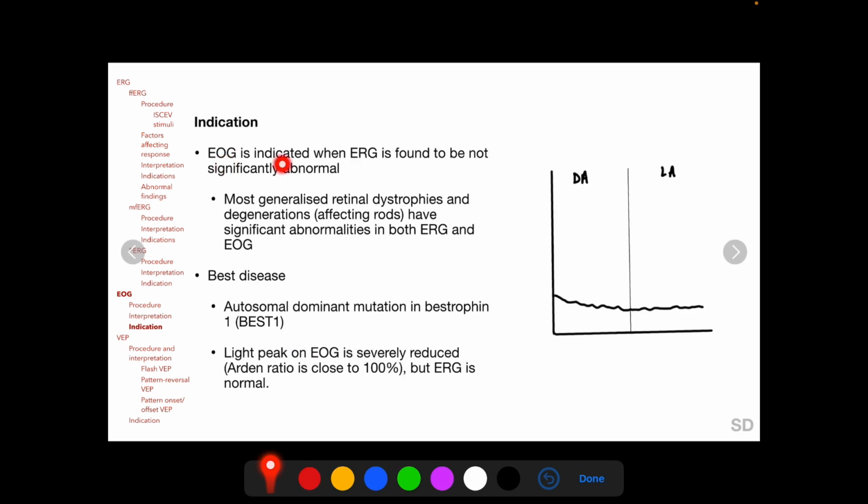Electro-oculography is indicated when ERG is found to be not significantly abnormal, and the patient is suspected to have certain specific diseases such as Best disease, which is an autosomal dominant mutation in the BEST1 gene. In Best disease, the light peak on EOG is severely reduced, but full field ERG is normal.